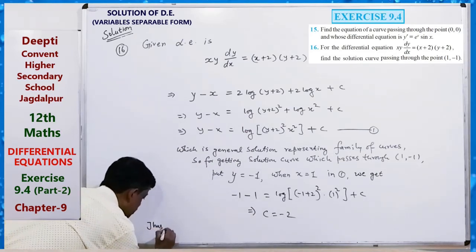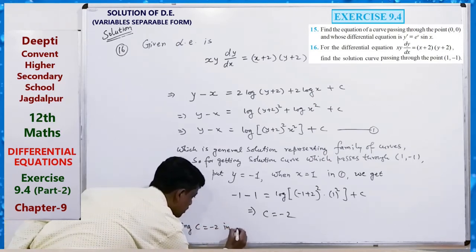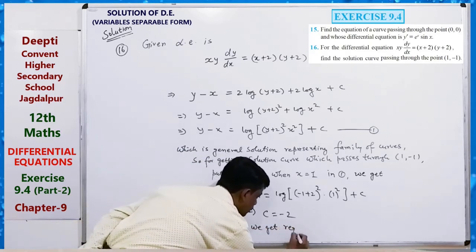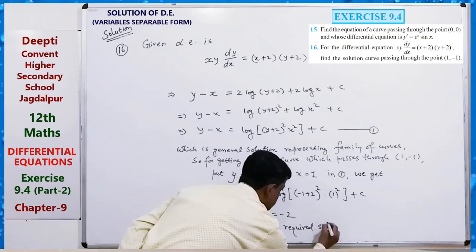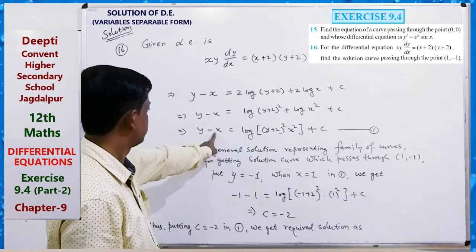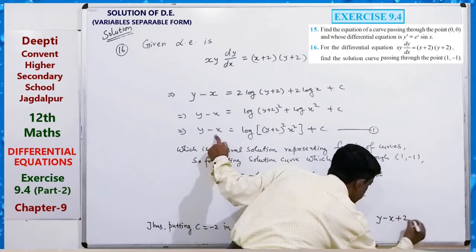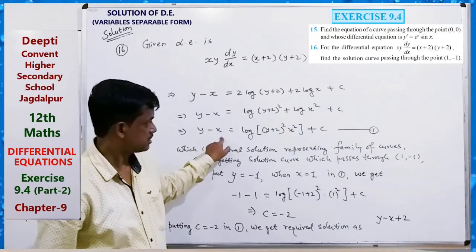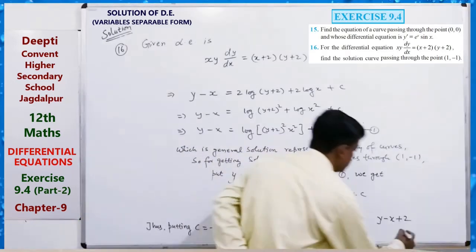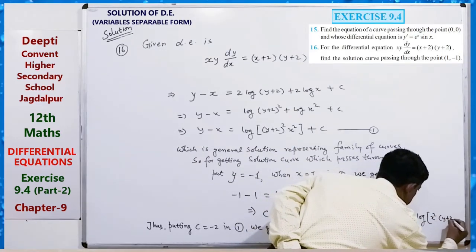Thus, putting c equals -2 in equation 1, we get the required solution as y minus x, with the -2 coming to the left side, y minus x plus 2 equals log of x^2 (y+2)^2.